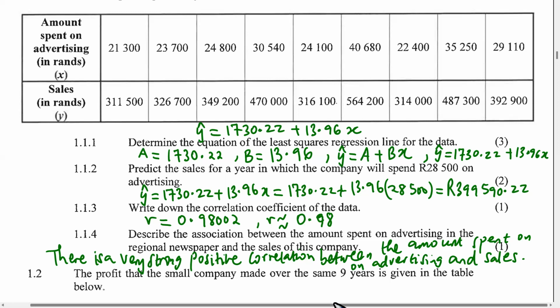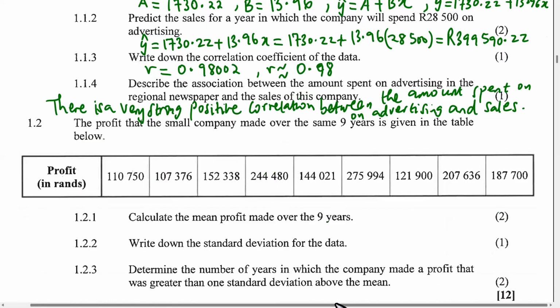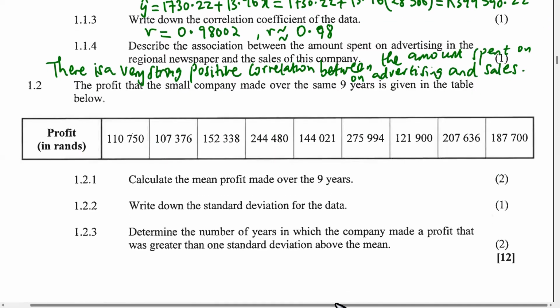Right, we continue. Now they're speaking about the profit. The profit that the small company made over the same 9 years is given in the table. So here they've shown the profit in rands. Now, what do we then say here?